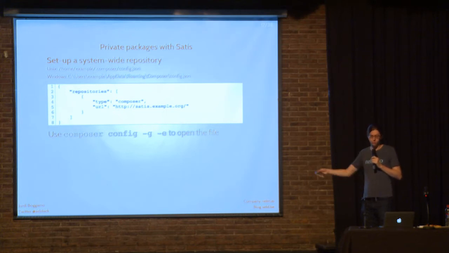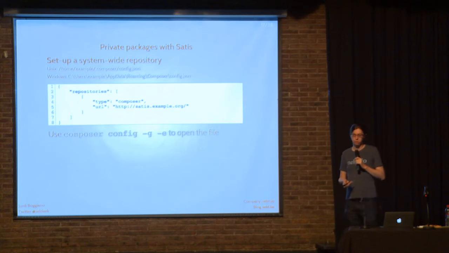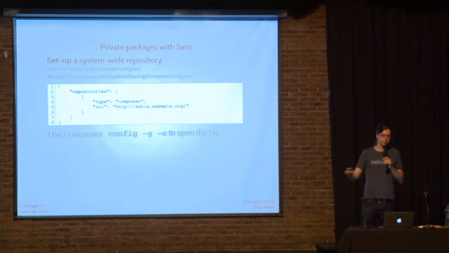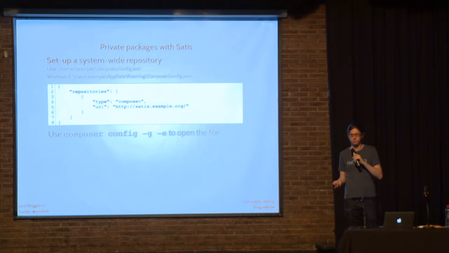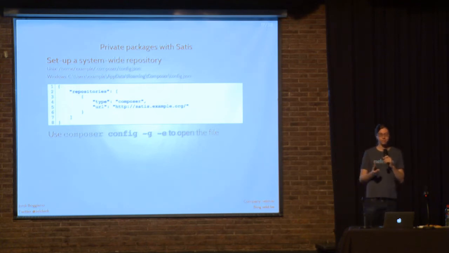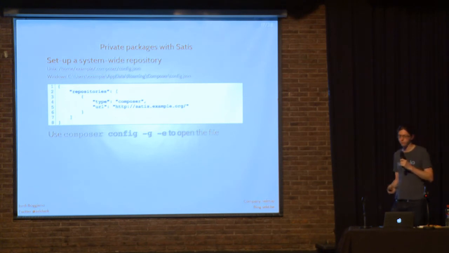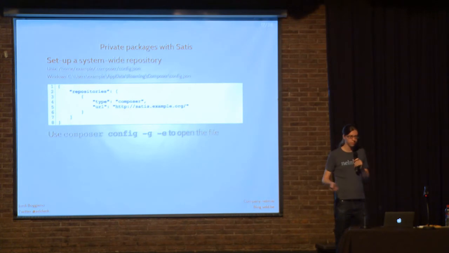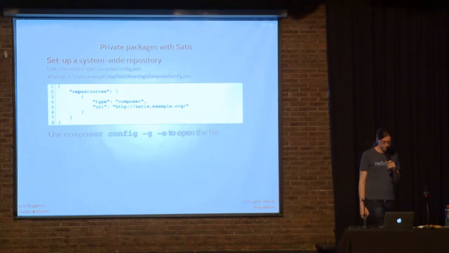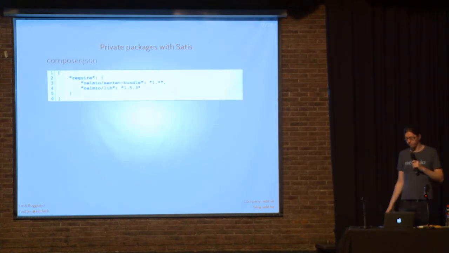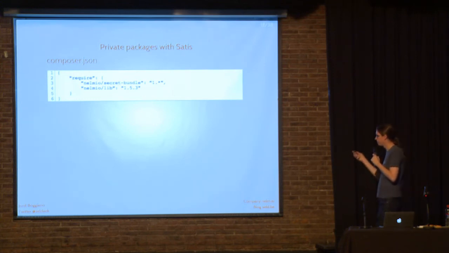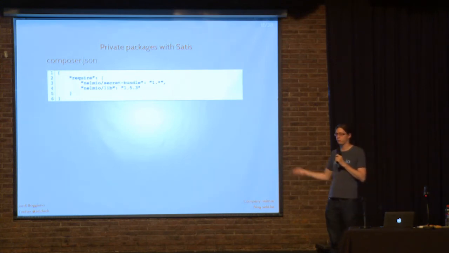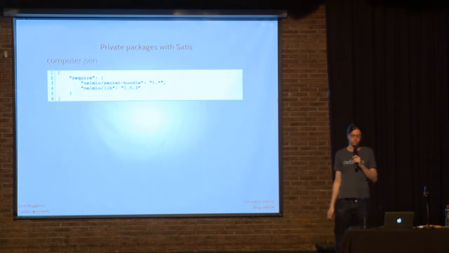Every time you run Composer on your machine, this repository will be available. So it's kind of nice because you don't need to have it in every project, but on the other hand, your project is not really self-contained anymore, and you need system settings to make it work. So there are ups and downs, and it depends how you manage your machines, I guess. So yeah, if you do that, at the end you end up with a very, very simple file, and your packages are just there.